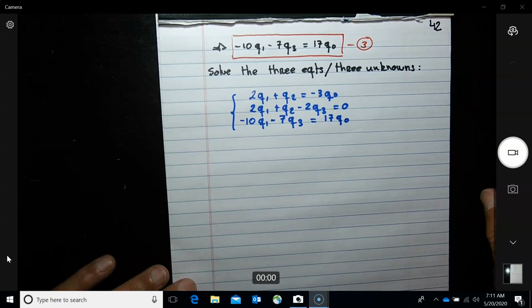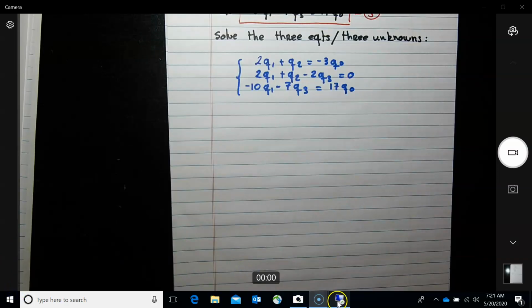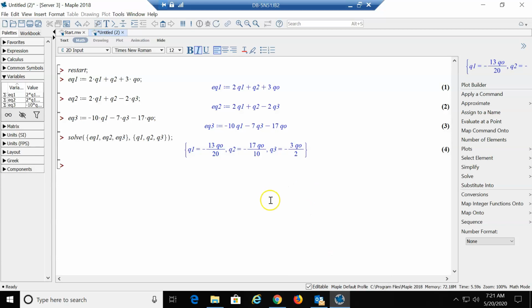Okay, so I'm going to pause the video for a second just to solve this system, okay? And I will give you the result. Okay, so in order to solve this system, you can do it by hand, but I decided to go to Maple, and let's check the equation.